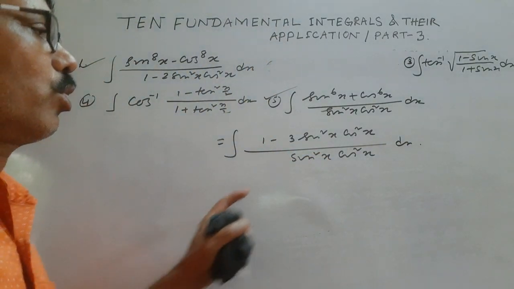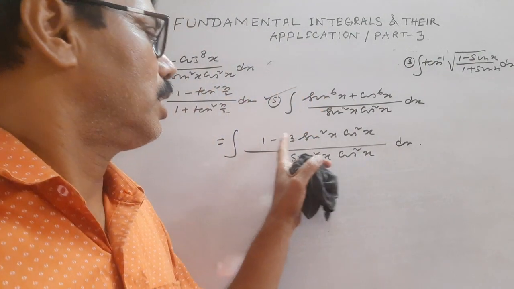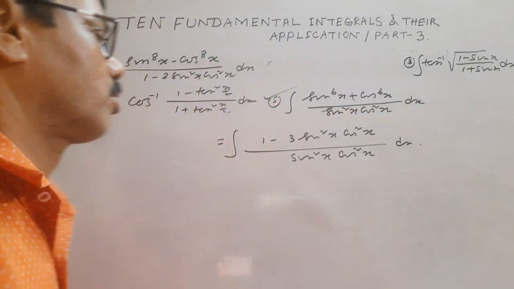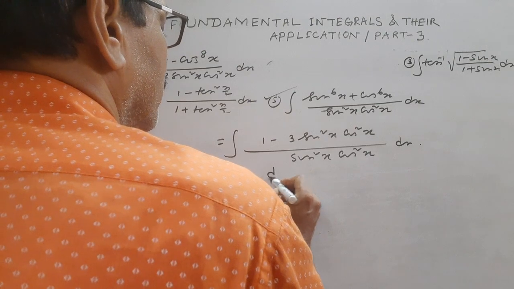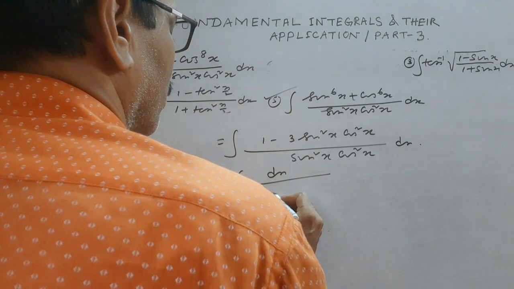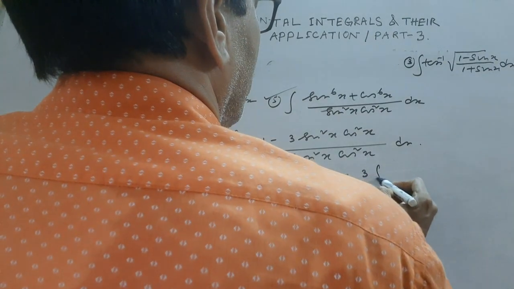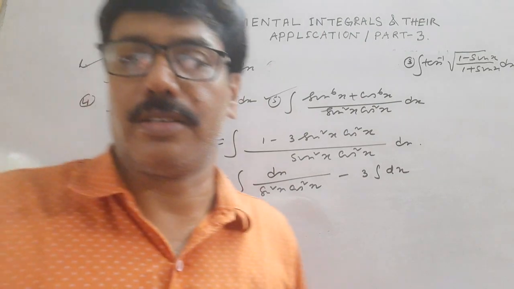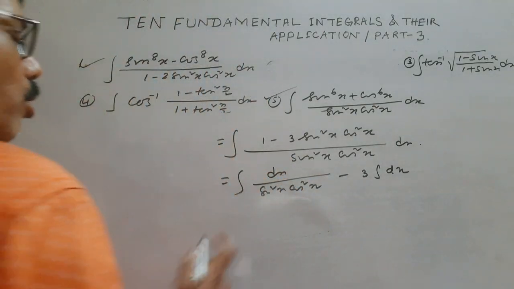So (cos square x plus sin square x) whole cube. This is 1 minus 3 sin square x cos square x into (sin square x plus cos square x). Now look, this is dx by sin square x cos square x, and this is minus 3 dx. Now this one is standard. Now you have to put it in standard form.